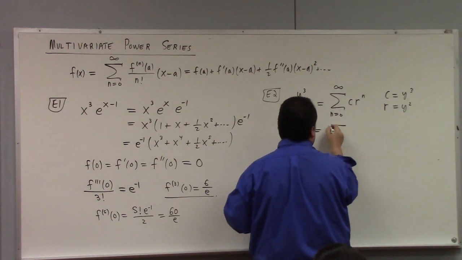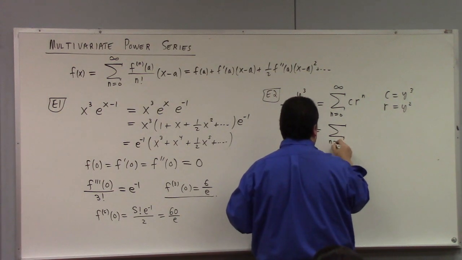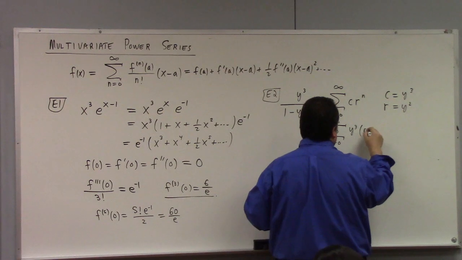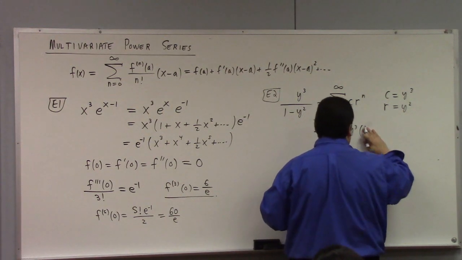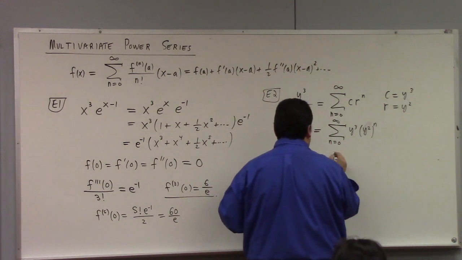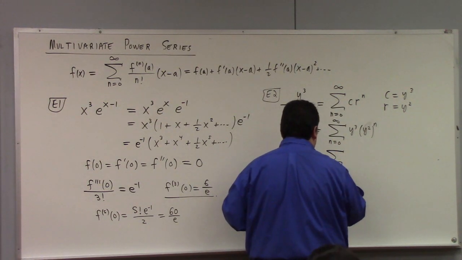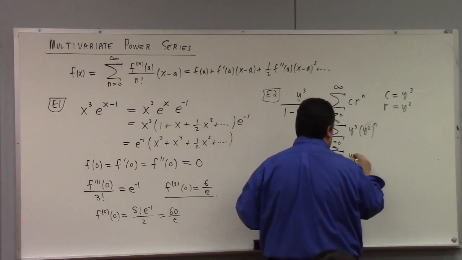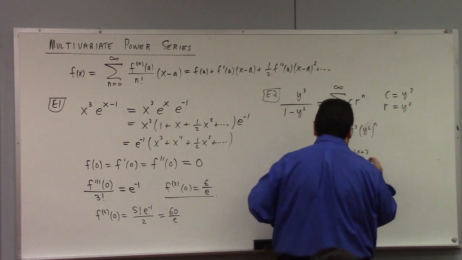And so let's see here. That would actually give me the sum n equals 0 to infinity of y cubed times y squared to the n. In other words, the sum n equals 0 to infinity of y to the 2n plus 3.